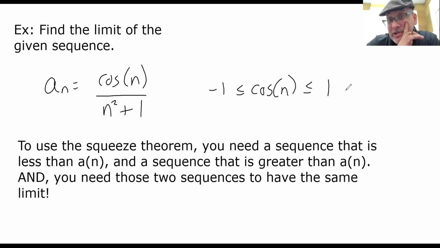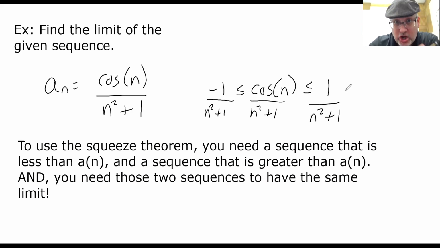Yes, you can put in imaginary numbers, values outside of that range, but let's not go there. As long as we take cosine of a real number, it'll always be between 1 and -1. Well, if we divide this by a positive number, it's going to preserve the inequality. N squared plus 1 is always positive, so we are within our rights to do this.